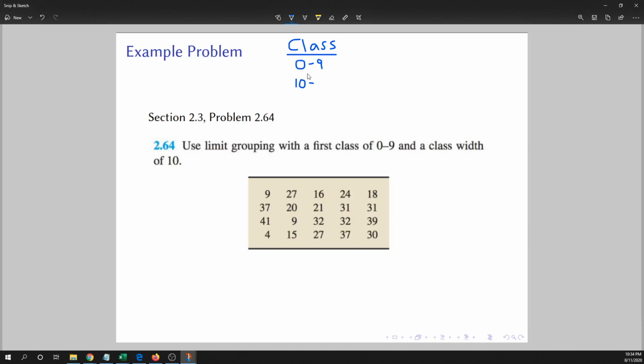And so this would be 19. And then the next class up would be 20. All right, 20 minus 10 is 10. All right, the next number up would be 30.